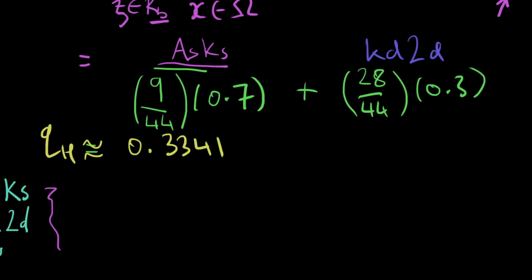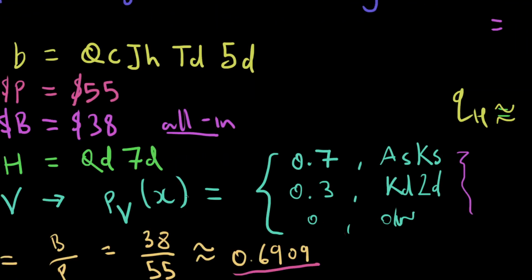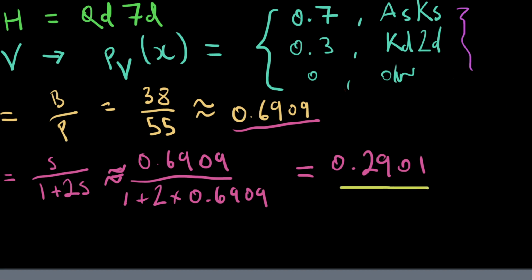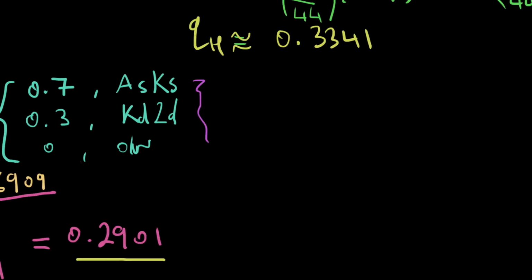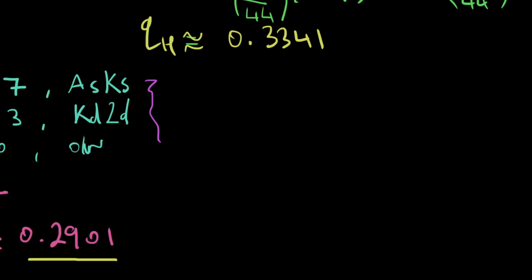Now we go back and we have to compare our pot odds, which we calculated here, to our equity. Looking at it, we've got an equity of 0.3341 and a pot odds of 0.2901. So that means that the equity for hero is greater than the pot odds for the bet.